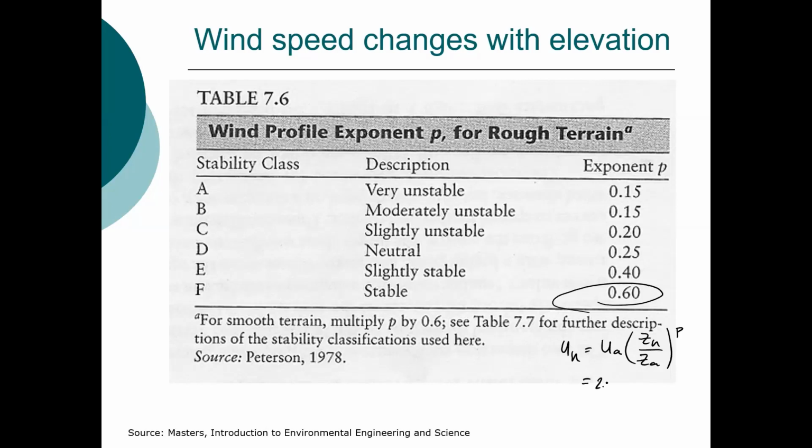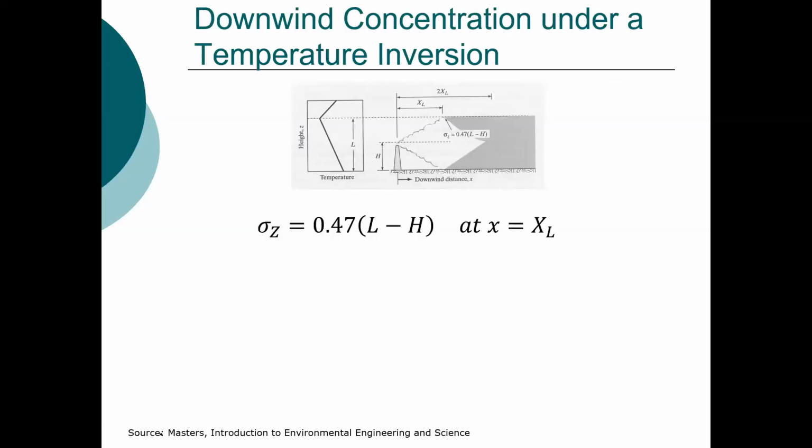So this is equal to 2.5 meters per second times (100 divided by 10) to the 0.6, and that is equal to 9.95 meters per second. So we now have U at the effective stack height. We need to determine X sub L.